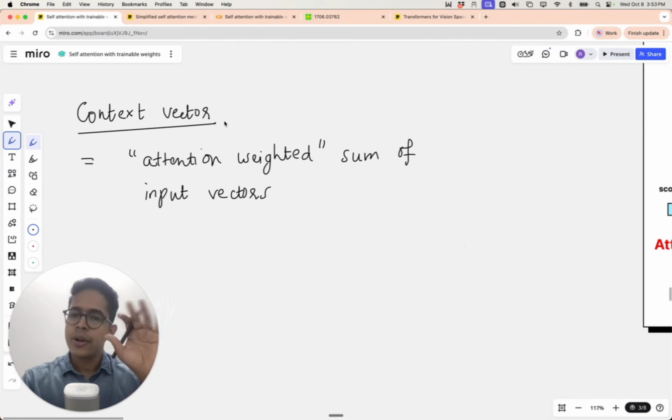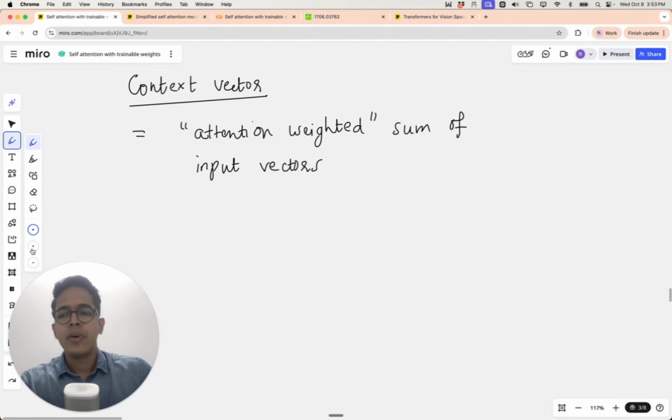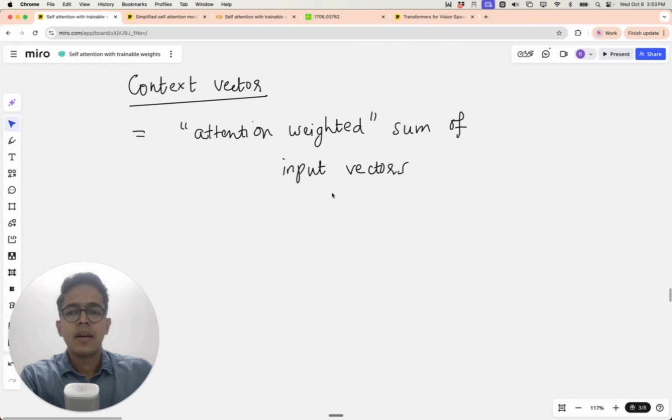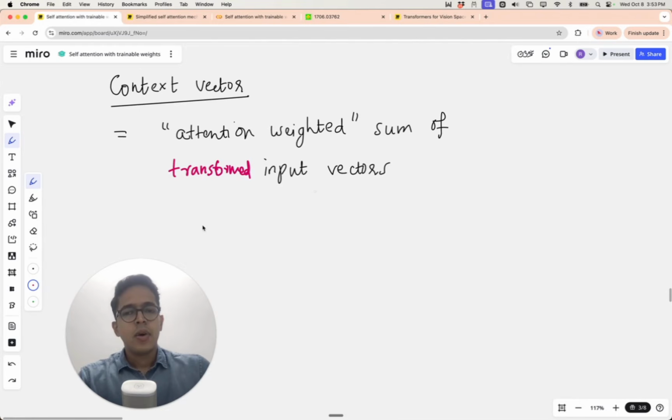Here also we are going to do an attention weighted sum of some vectors. However, we are not going to be using the attention weighted sum of the input vectors, but we are going to be doing the attention weighted sum of transformed input vectors. What do I mean by that?